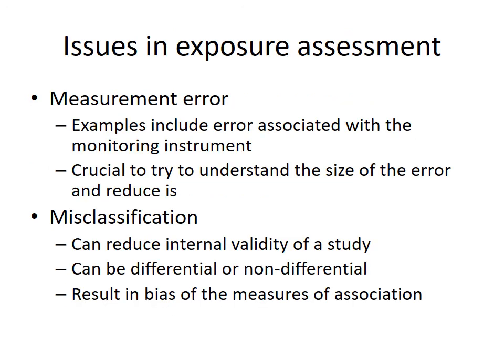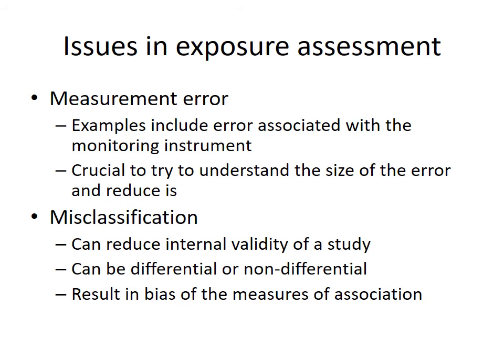There are many issues of concern in exposure assessment, and of course, the biggest one is likely misclassification. Misclassification is probably the largest source of bias for environmental and occupational studies, because we run the risk of classifying an individual as exposed or not if we inappropriately measure their exposure.